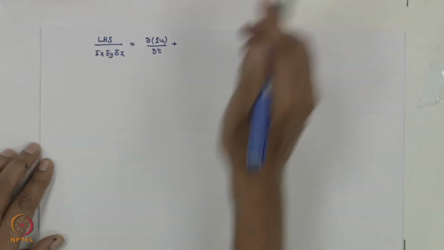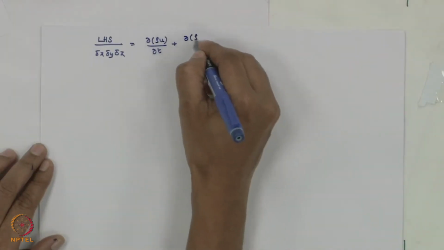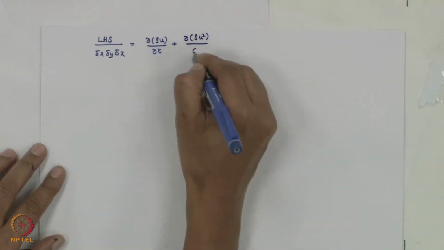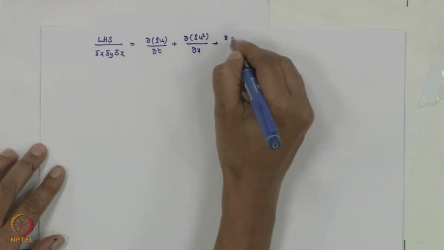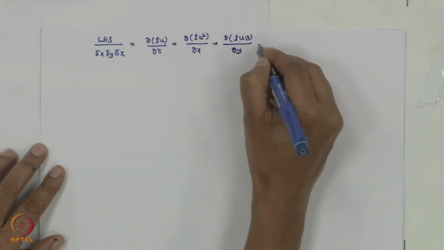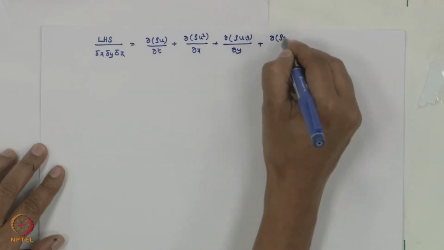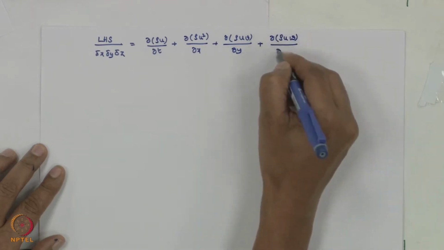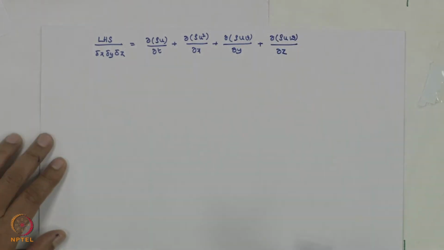Let me write that. So you have del of rho u squared upon del x plus del of rho uv upon del y plus del of rho uw upon del z. So there is a small algebra which we need to do here.